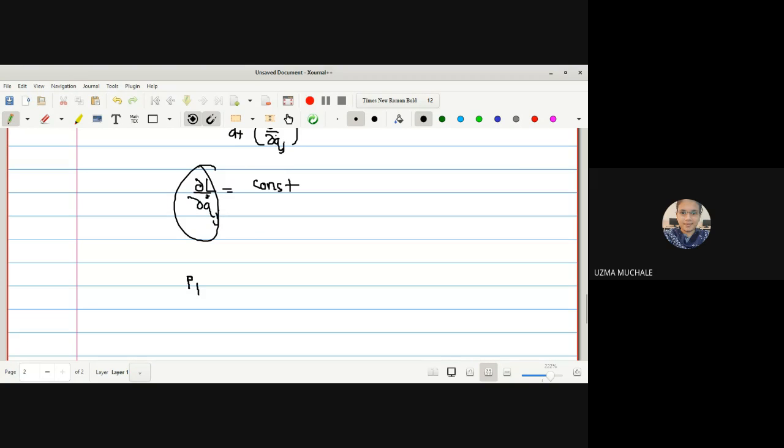So we get Pj equal to constant. So we can say that in case Qj is absent, or Qj is cyclic, the corresponding generalized momentum is constant.